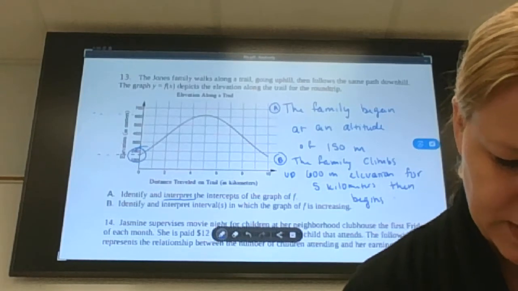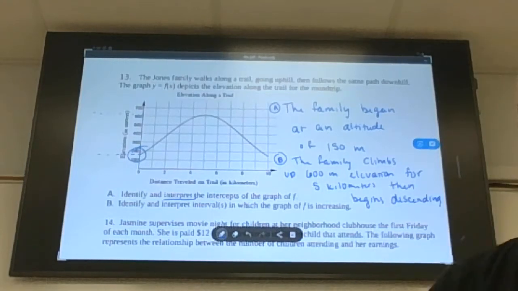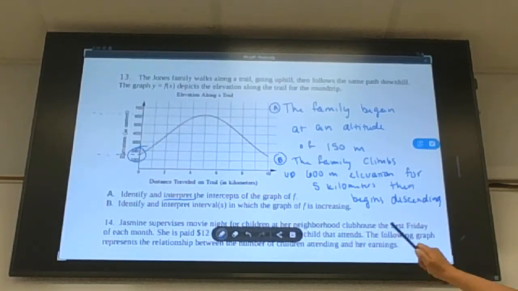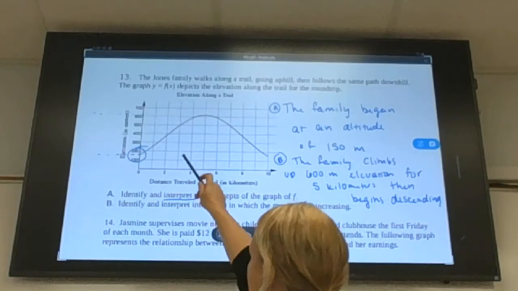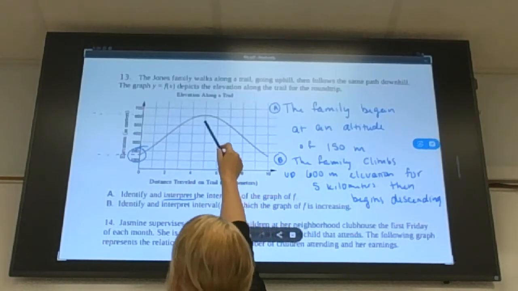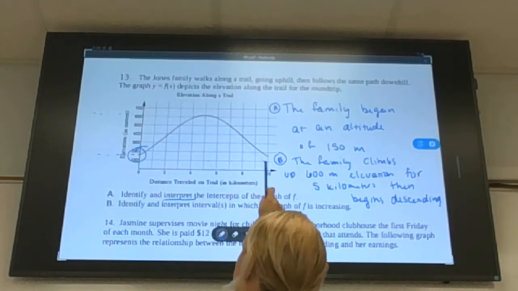You can say then begins descending. Going down the hill is called descending. There's so many right ways to say this, but the family climbs up. He identified how high they went, and it was right here. They went up for 5 kilometers, and then they started going down.